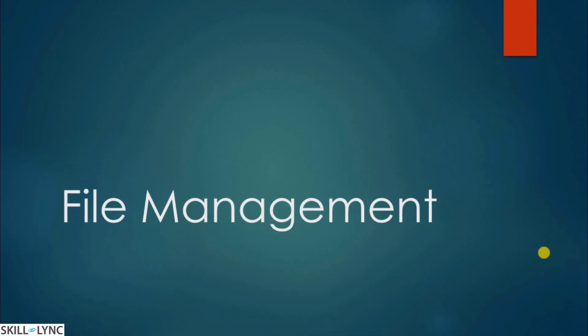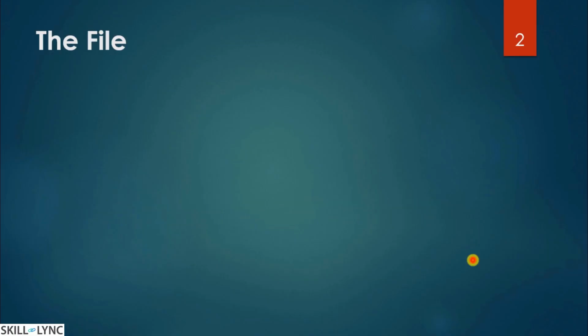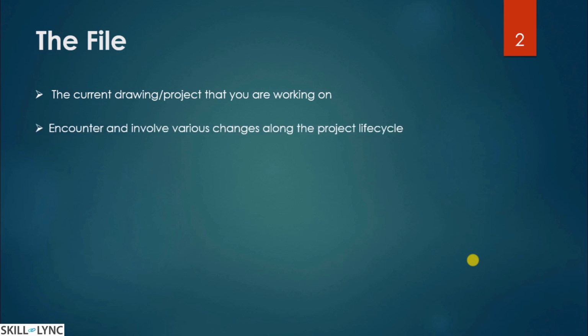So we'll look into the various file management techniques. The file is typically the current drawing or the project that you're working on. Why is it important? Because we encounter various changes to the drawing or to the project along the project life cycle.